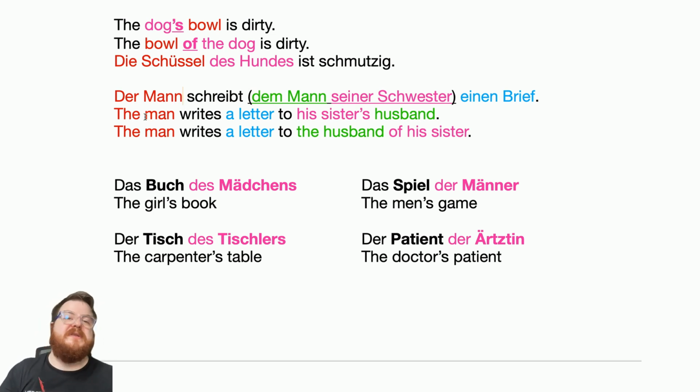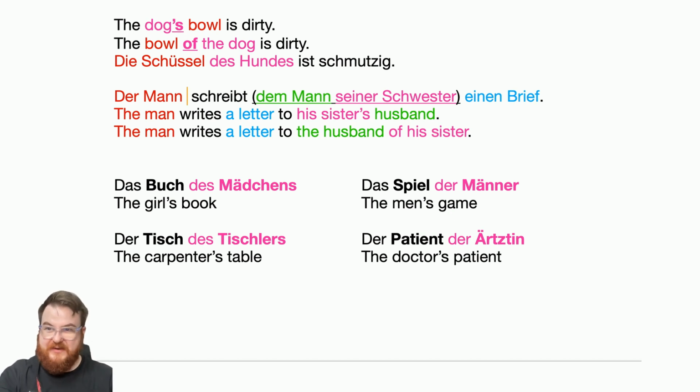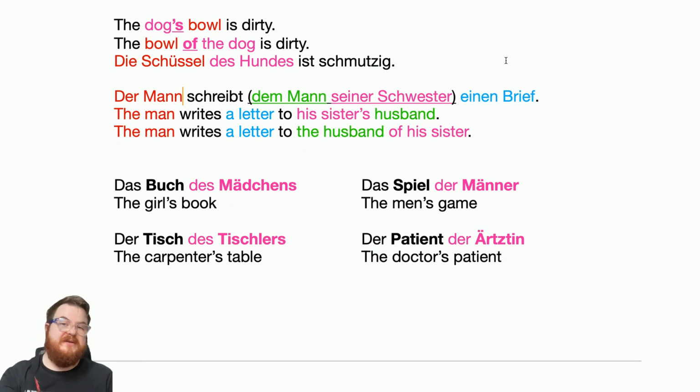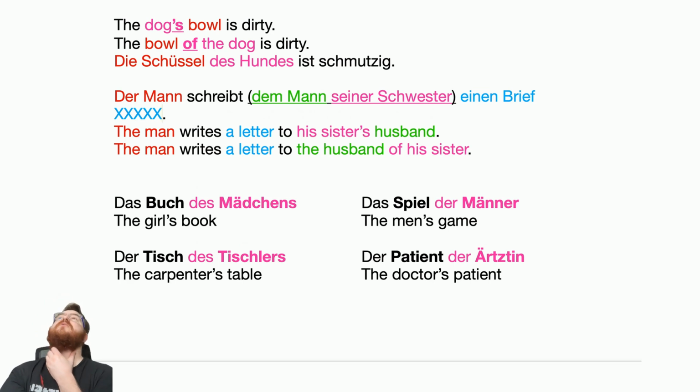So instead of just the man, it could be the father of the man is writing a letter to his sister's husband. So you could also have a genitive in here after the man. You could also have genitive after Brief, right? It could be the letter of a merchant or something like that.